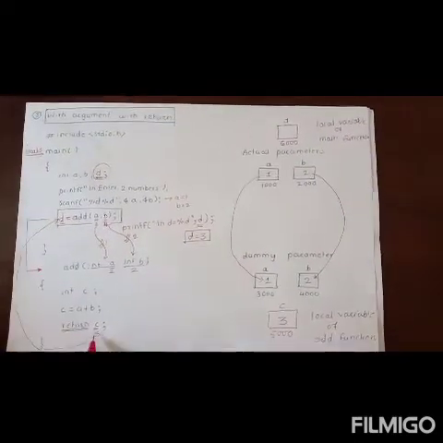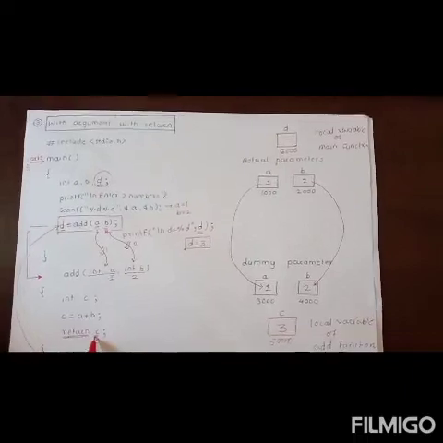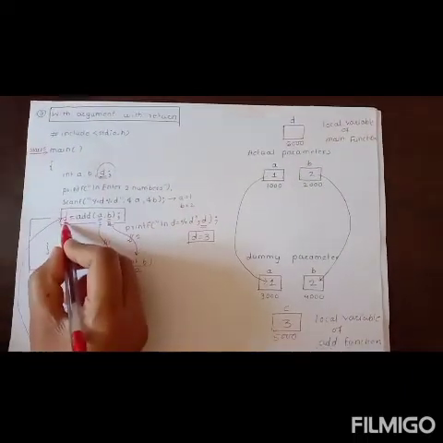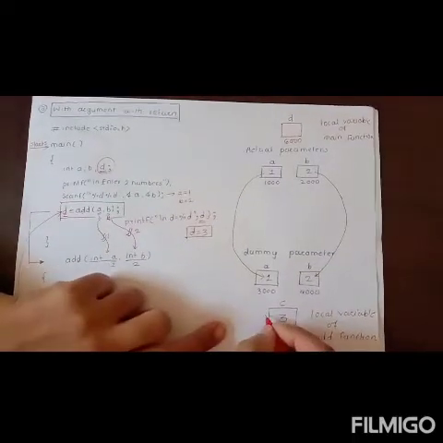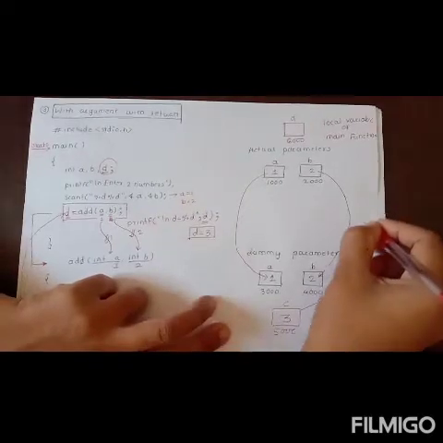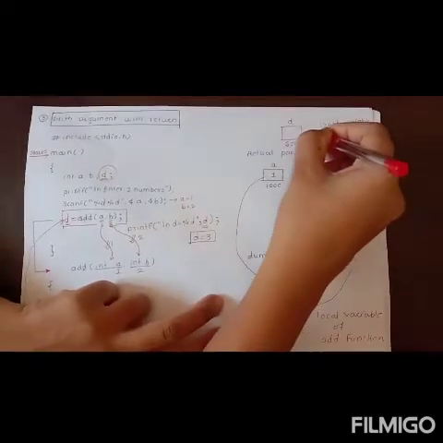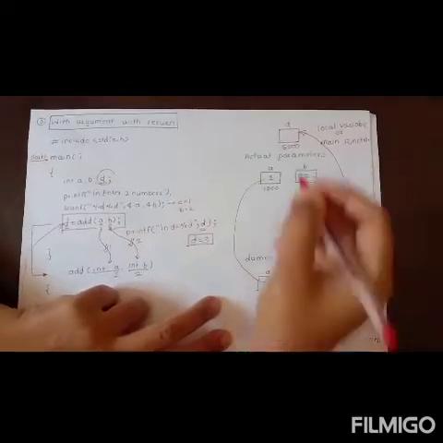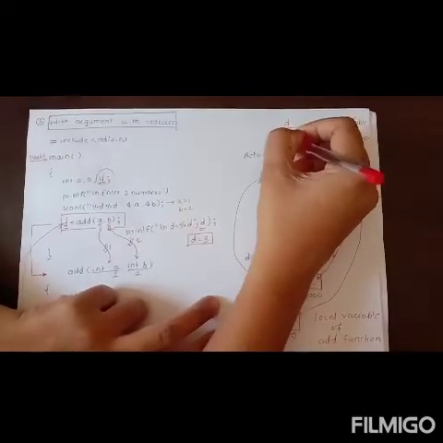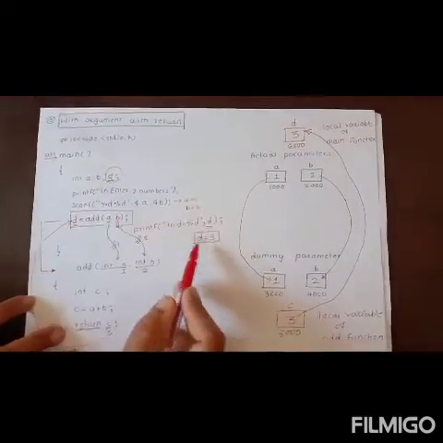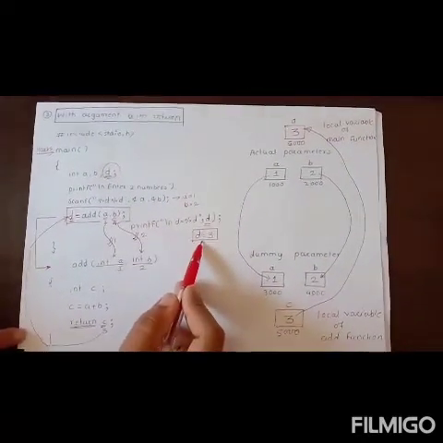So whenever we return c, that c, that is the 3 value, is received by whom? d. So diagrammatically I'll just represent this transition. Now this 3 value is received by whom? d. Okay, and after that we simply display the value d.